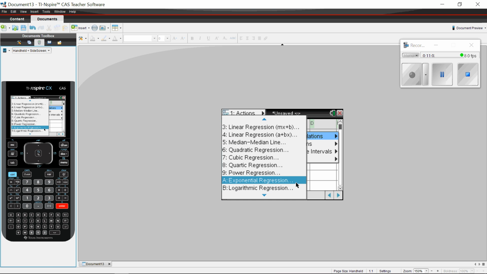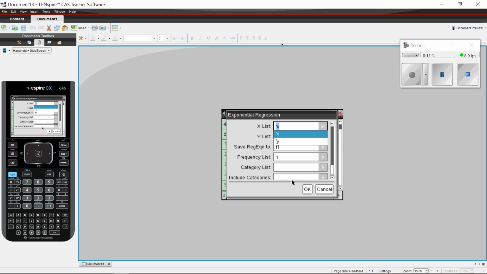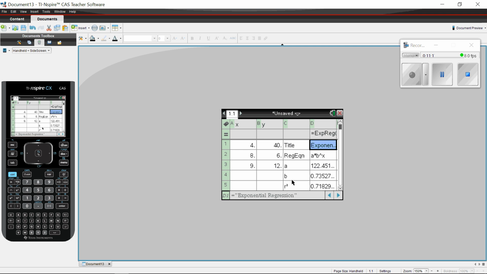I want to try an exponential regression equation. If they ask you to write an exponential equation, easy. We can do it right in our calculator. So, x, y. Okay, and it's y equals a times b, and b has an exponent of x. Gives you your a, gives you your b.